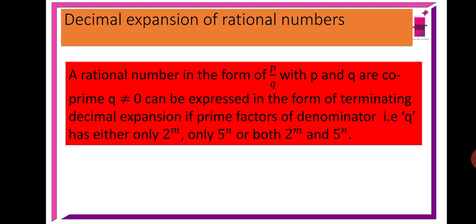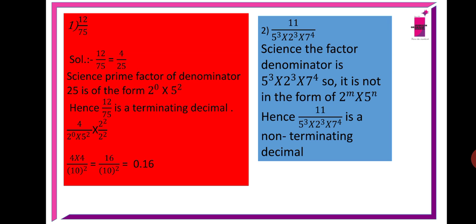Once again I will repeat, the decimal expansion of a rational number will be terminating if the prime factors of the denominator are in the form of 2 power m and 5 power n. Understood now? It will be non-terminating if it is not in the form of 2 power m and 5 power n.